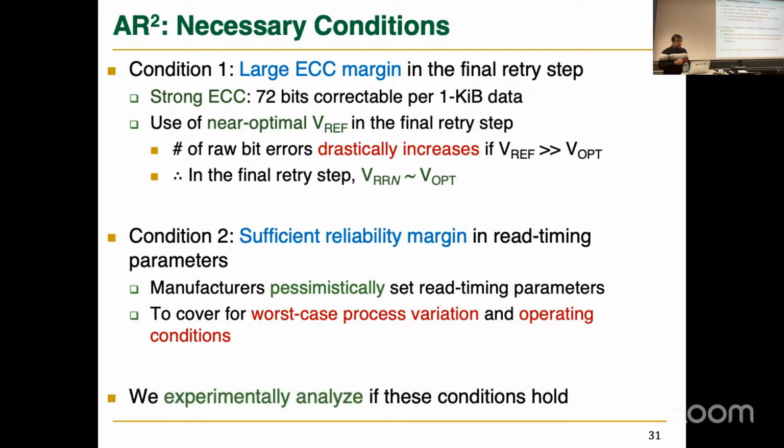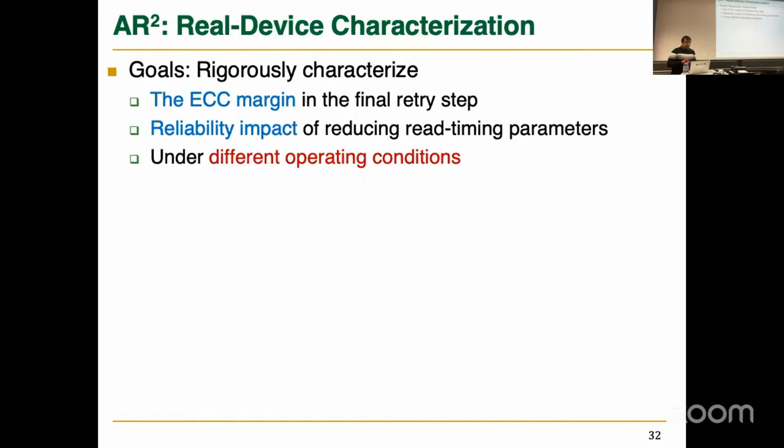So in this paper, we do a thorough experimental analysis for all these conditions, and I'll present some quick results now. The goal is to characterize the ECC margin in the final retry step, the reliability impact of reducing the read latency, and also look at different conditions like temperature and retention time.